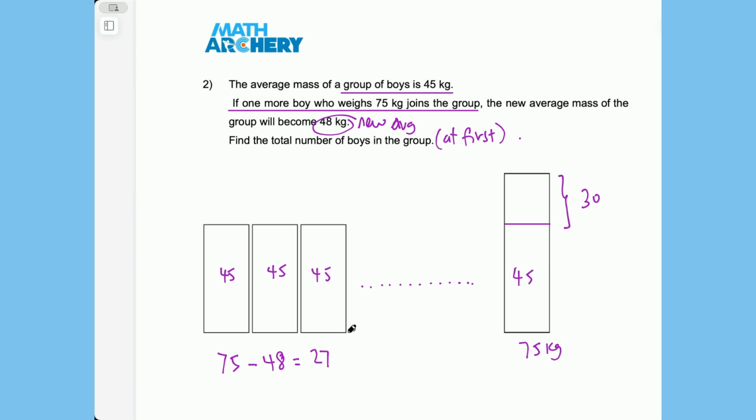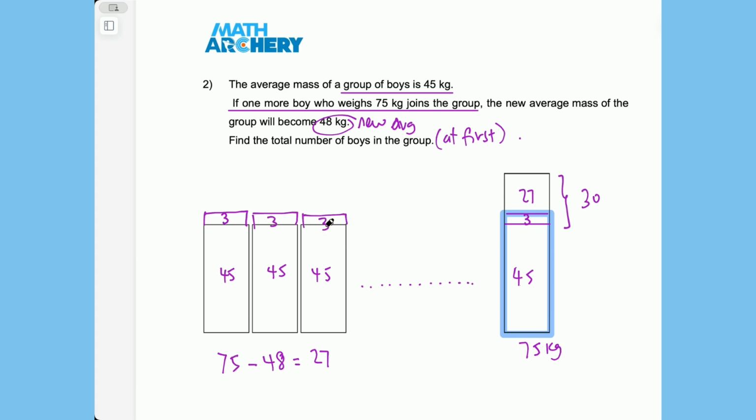So here's the new average, and there's an additional 27. Now, for the new average, each boy will add 3 more to become 48.